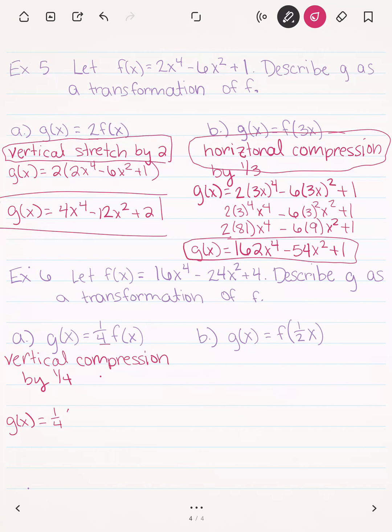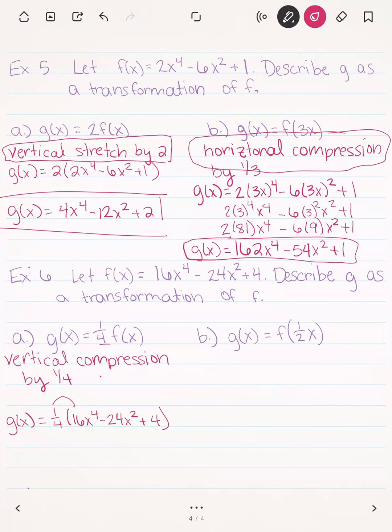Okay, so what I end up doing here is I take g of x and I multiply everything by 1/4. So I have 16x to the fourth minus 24x squared plus 4. Since I'm multiplying by a fraction, remember fractions are the same thing as division problems, so I'm going to really just divide every term by 4.